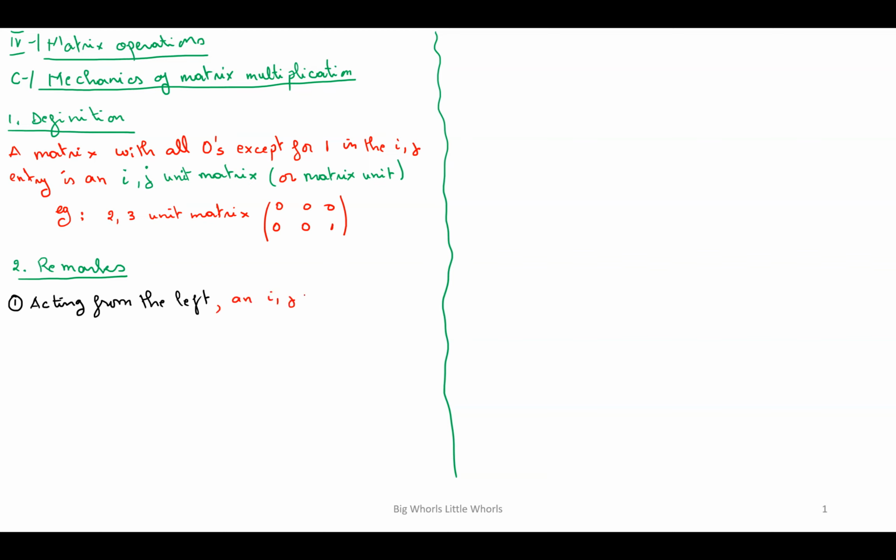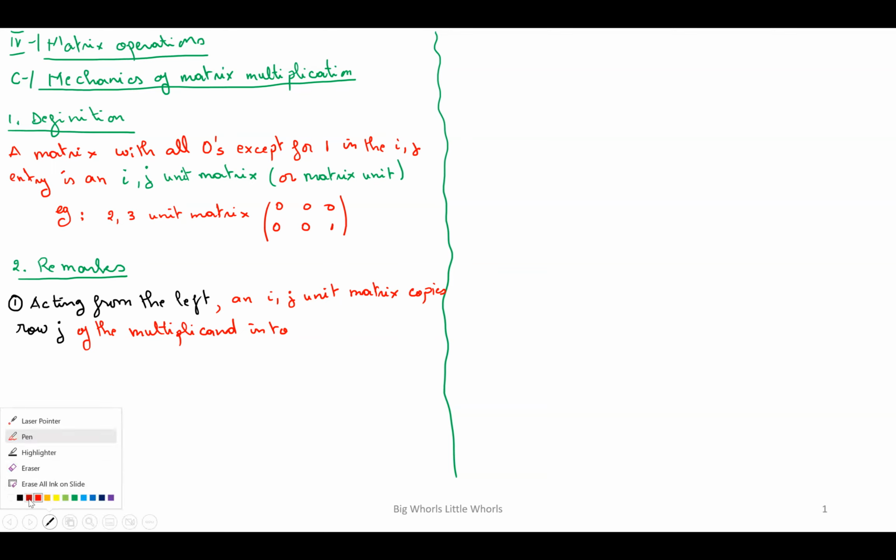An ij unit matrix copies row j of the multiplicand into row i of the result.